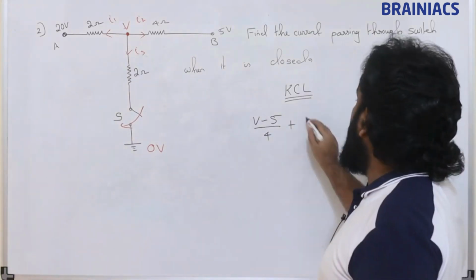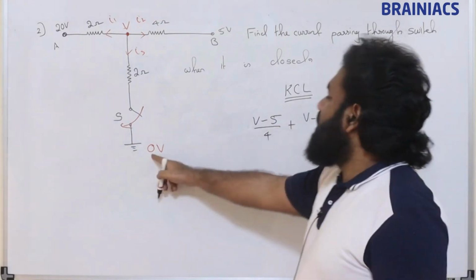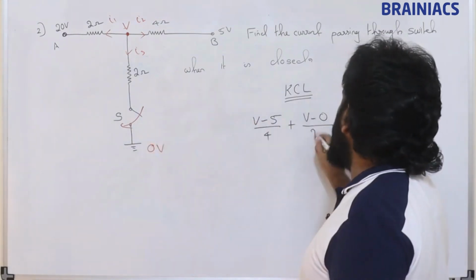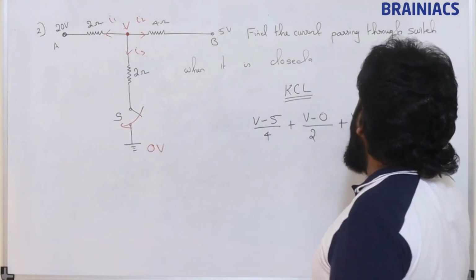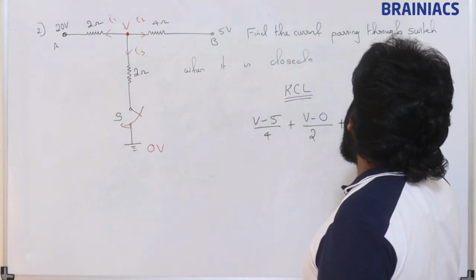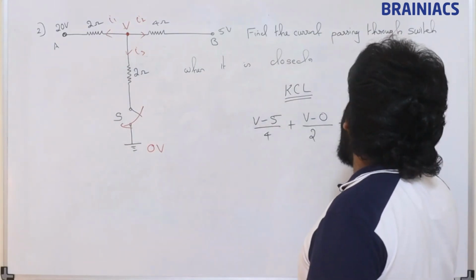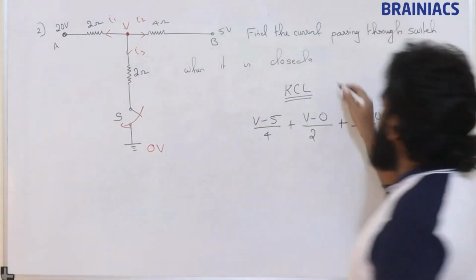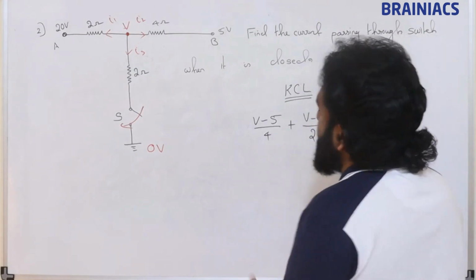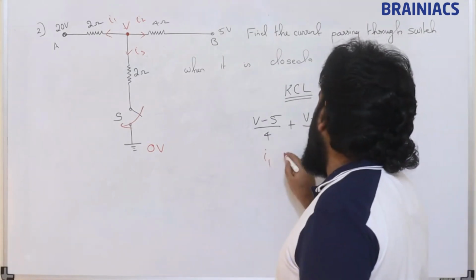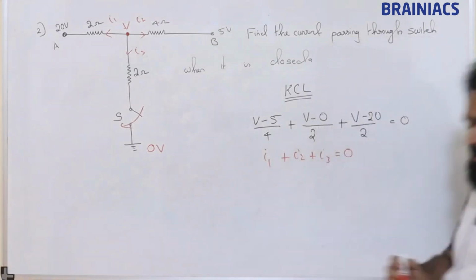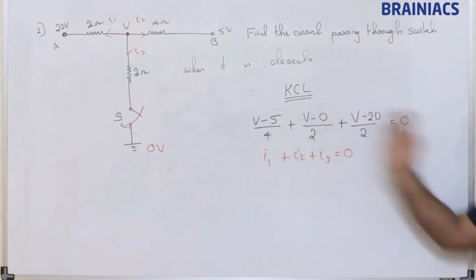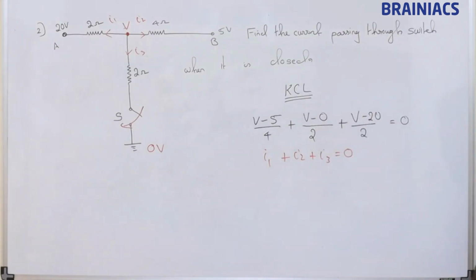Plus (V minus 0) divided by 2, plus, just like the previous battery case, (V minus 20) divided by 2 is equal to 0. That is, we are just taking I1 plus I2 plus I3 is equal to 0. Understood or not? Clear, all of you?